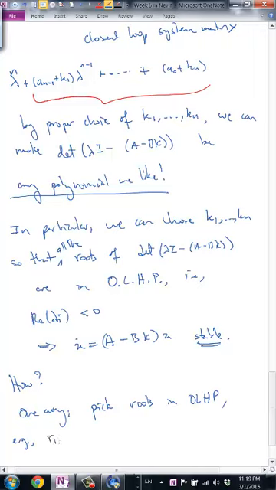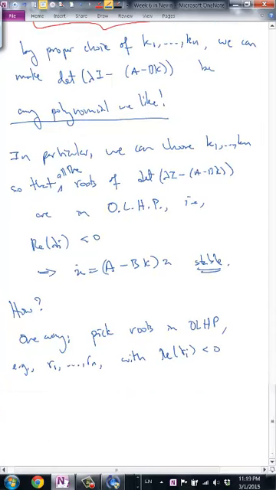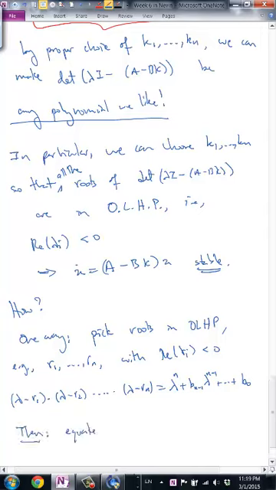Pick roots r1 to rn with the real part of ri strictly less than 0, and then multiply this out: lambda minus r1 times lambda minus r2 times lambda minus rn. This is now going to be some degree n polynomial: lambda to the n plus b_{n-1} lambda to the n minus 1, all the way down to b_0. And then equate coefficients.